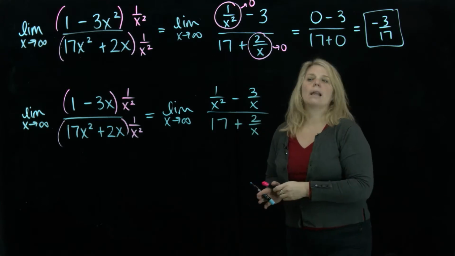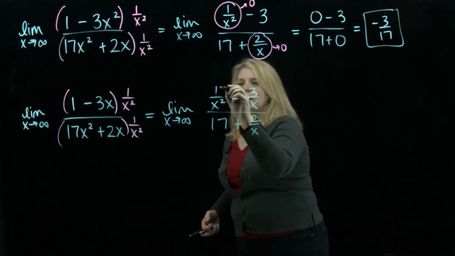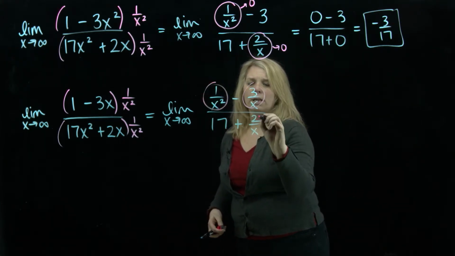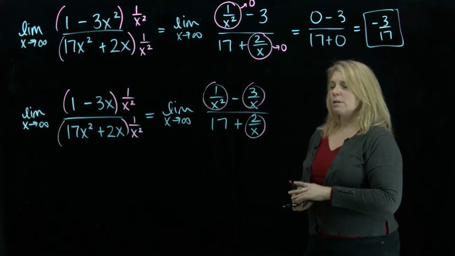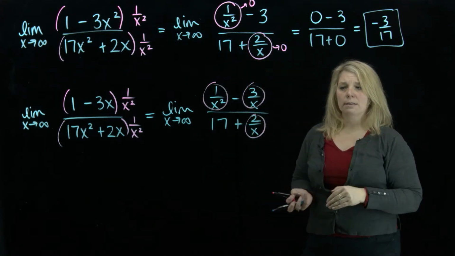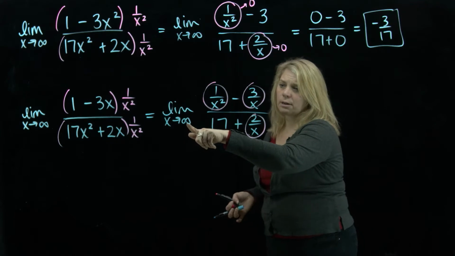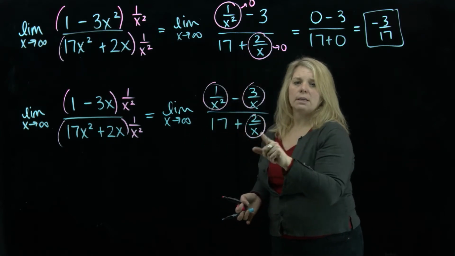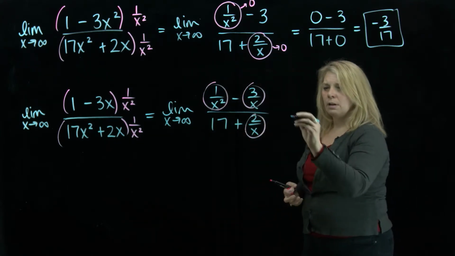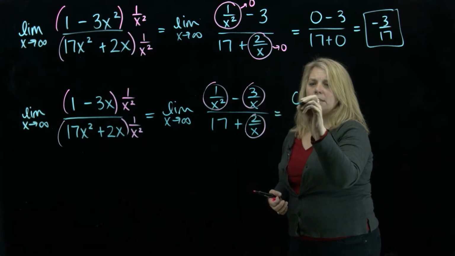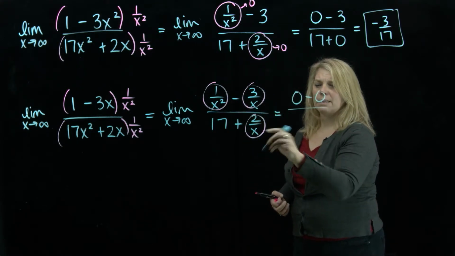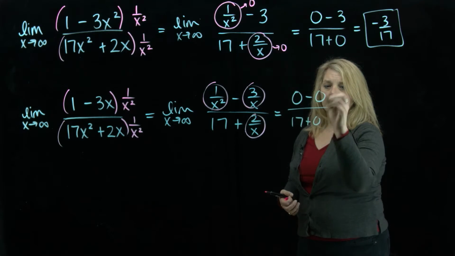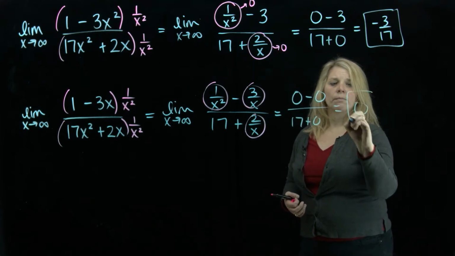And then similar to that last problem, all of these little fractions within the larger fraction, I can think about each of those. On all of those, the numerator is constant, the denominator is getting larger and larger without bound. So all of these things that I circled here approach 0. So I end up with 0 minus 0 over 17 plus 0. So 0 over 17 is 0.